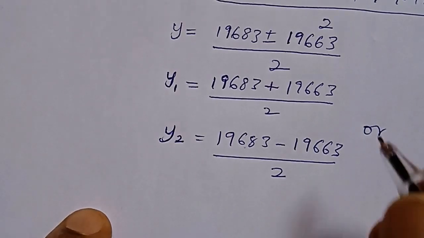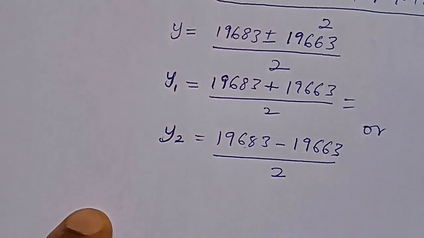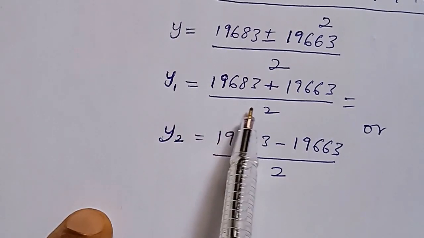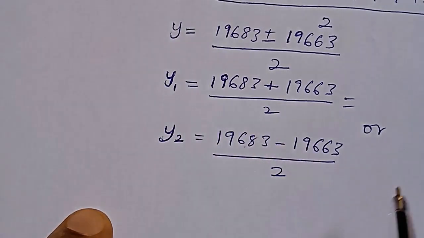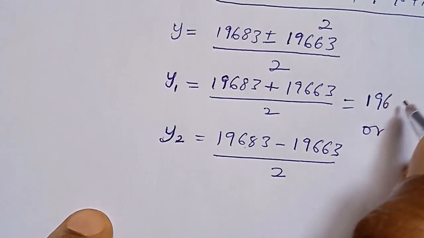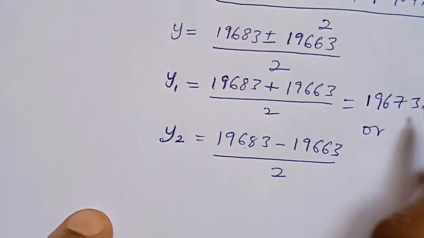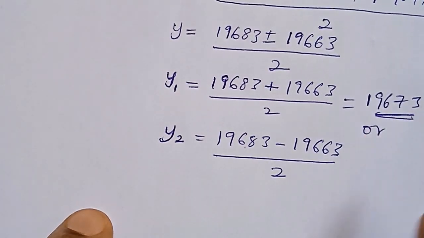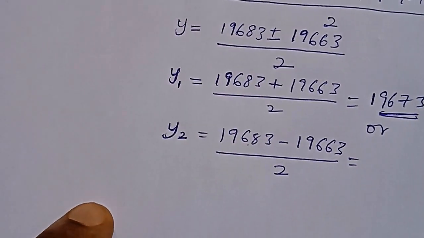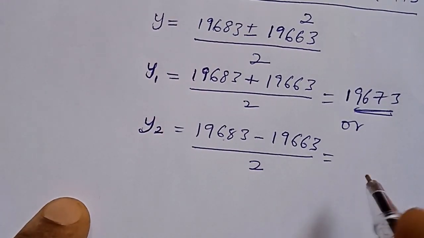So this can be resolved if we press our calculator for the y1 over here. Then we are going to get 19,673 to be the value of y1 here. Then for y2, if we press our calculator as well, we are going to arrive at 10.